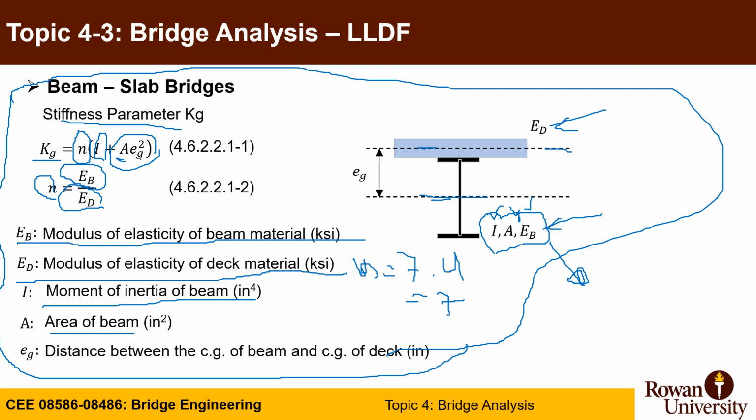So this is between the CG of the beam and the CG of the deck. So you have all those parameters for your cross section. Once you lay it out, you can calculate that. It's basically trying to smoosh the girder with all properties to act at the centroid of the deck. And we're going to use this for later.